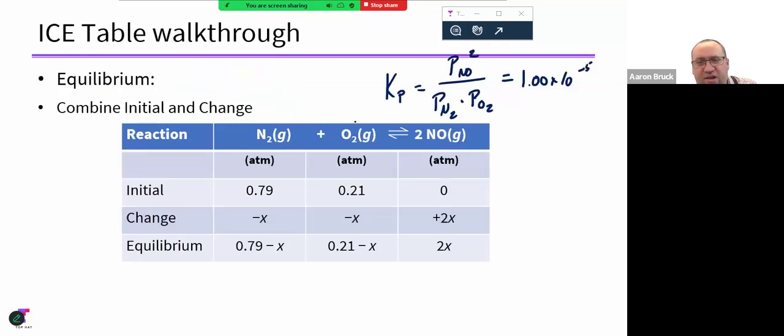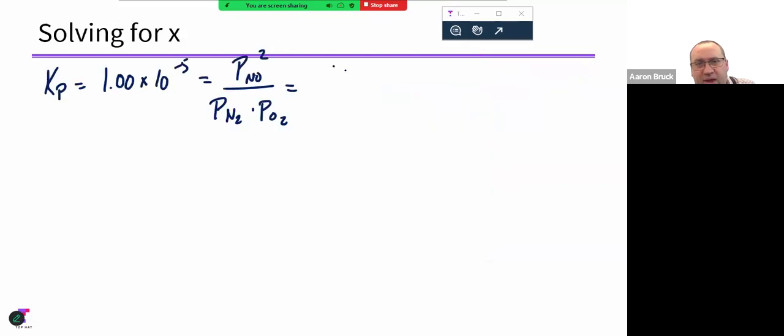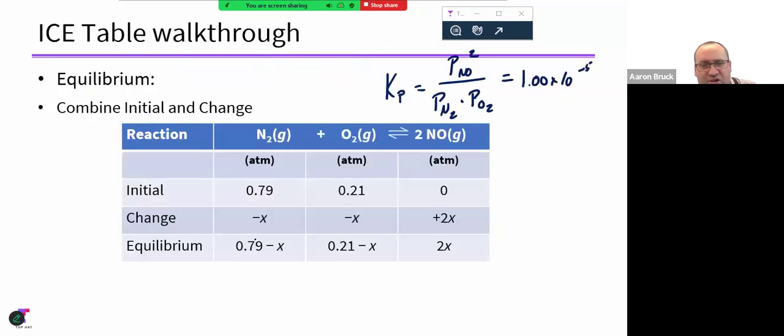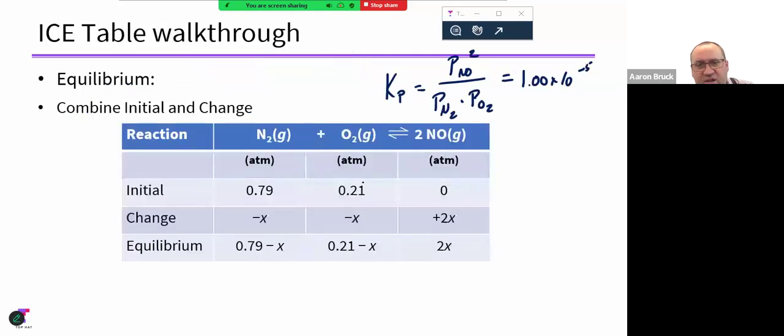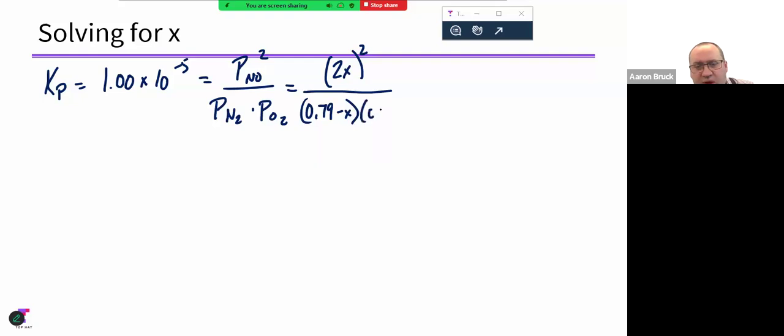The pressure of the nitrogen monoxide is 2x. So that's going to be 2x quantity squared. The pressure of the nitrogen is 0.79 minus x. The pressure of the oxygen is 0.21 minus x.